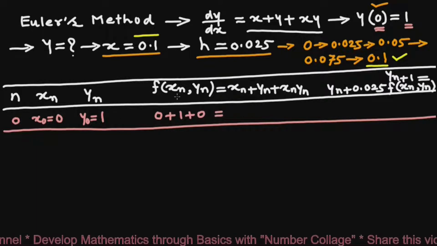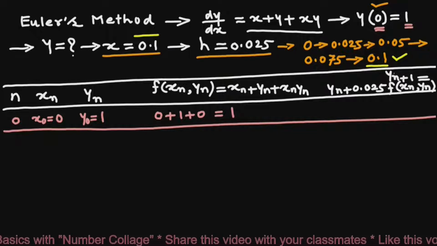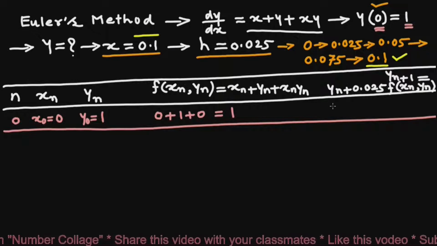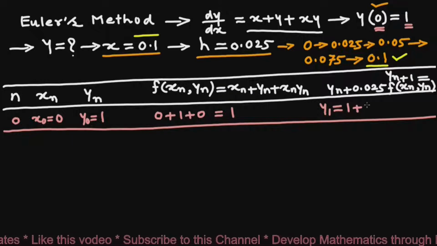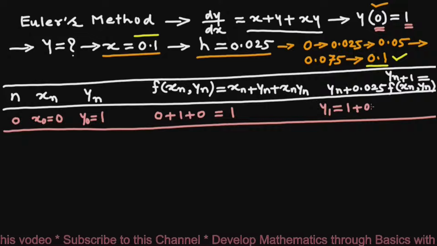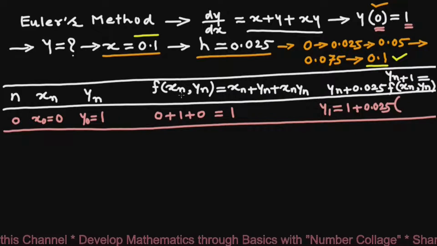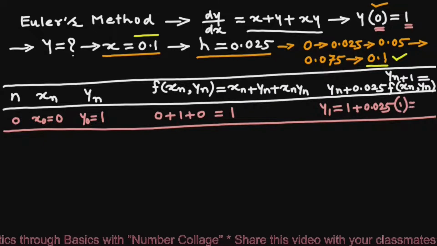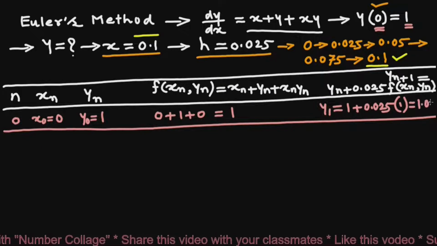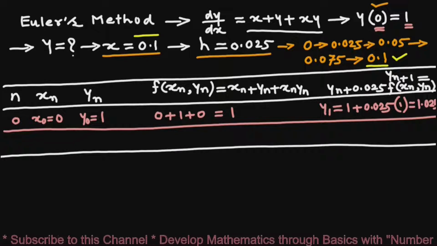So f of xn yn will be 1. yn plus 1, that is y1, will be y0, which is 1, plus h, which is 0.025 multiplied by f of xn yn, which is 1, and that will be 1.025.